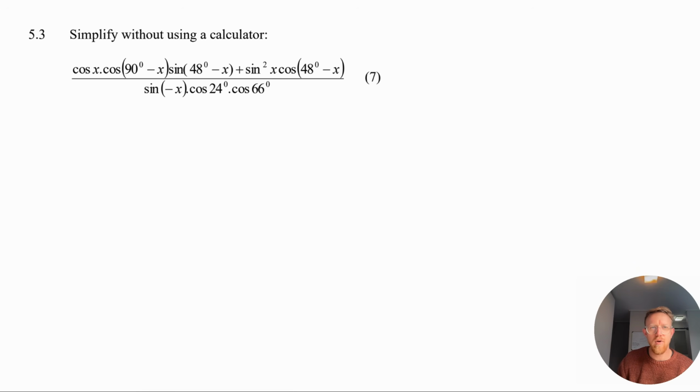Okay, so 7 marks. All I want you to do is just see it as we need to go, that's 1, 2, 3, 4, 5, 6, 7, 8 different things that you need to go and manipulate. So this first cos x, leave it as it is. There's nothing you can do there. This is a cofunction. We've got 4 of them.